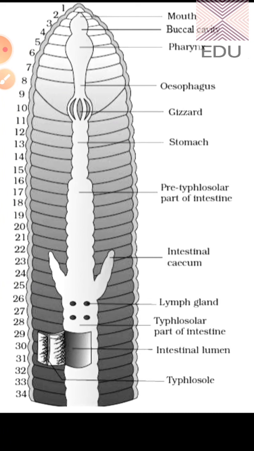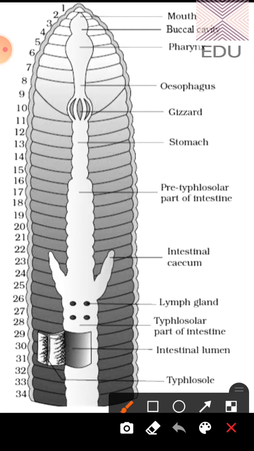So students, here we are starting with the alimentary canal of the earthworm. This alimentary canal starts with a particular mouth. This is the very first part of the alimentary canal, and this mouth is anterior and it is present on the first segment of the earthworm.